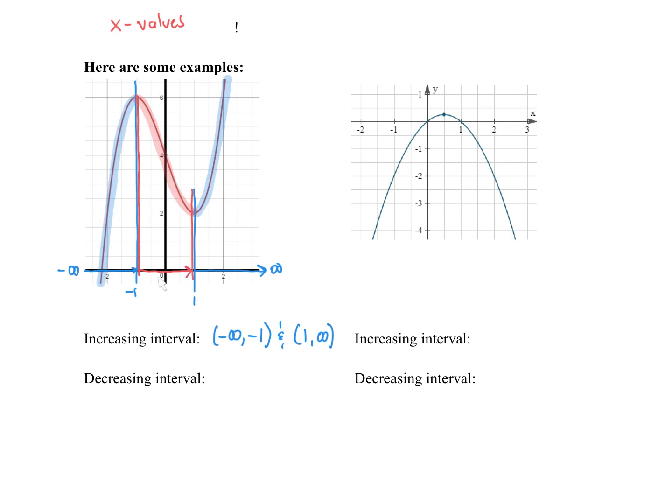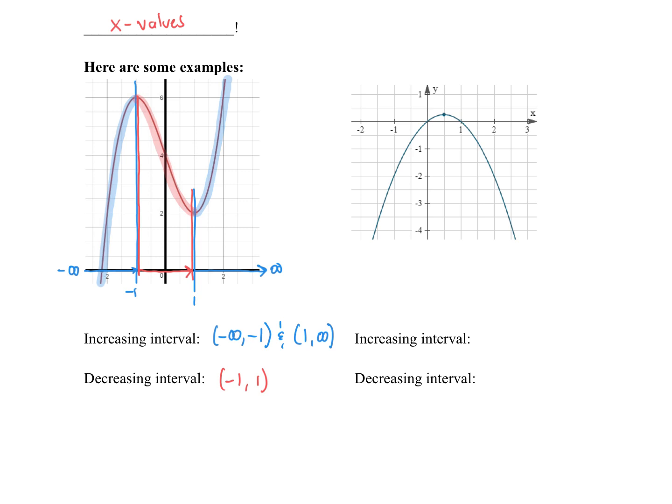And again, this is the interval right here, from -1 to +1. So this decreases from -1 to +1. Again, these are x values, not y values. Notice this goes all the way to 6. You don't see a 6 anywhere in here. This is about the x values.